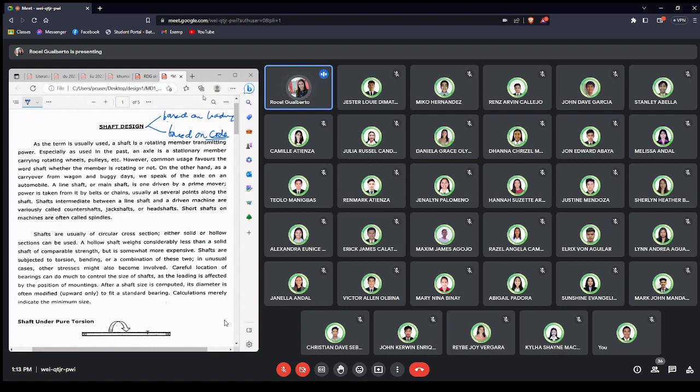PSME is the Philippine Society of Mechanical Engineers, and ASME is the American Society of Mechanical Engineers. These organizations have guidelines and procedures on how you will be designing the shaft. You simply have to follow the guidelines in order to determine the dimension of the shaft. So let us first have designing based on the loading.